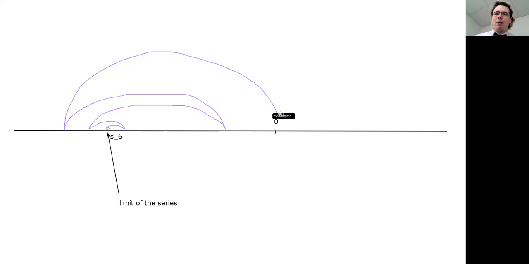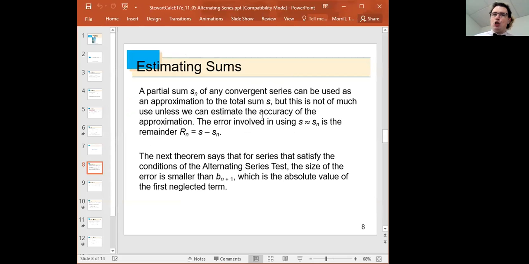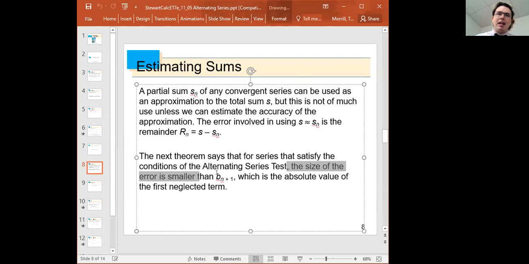The important thing about the alternating series test is that alternating series converge as long as the step size is shrinking and going to 0. If I stop at some amount, how far away am I? That only depends on the next jump I would have to do. So the size of the error is going to be smaller than the very next step, b sub n plus 1.